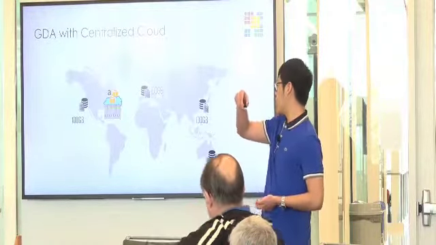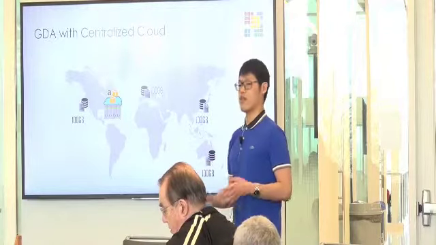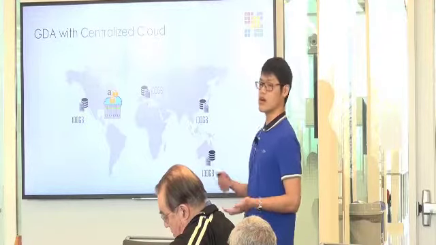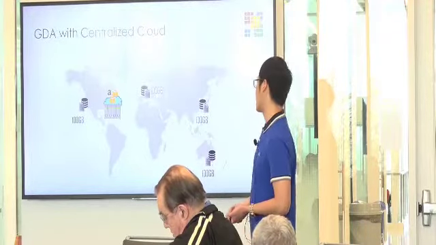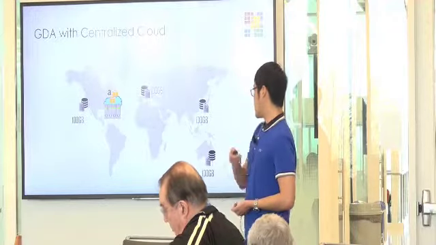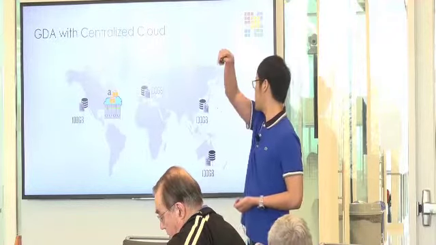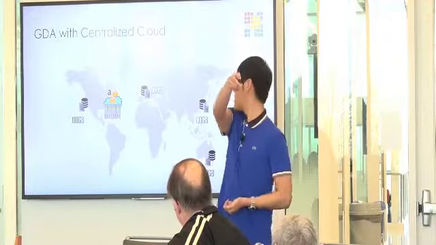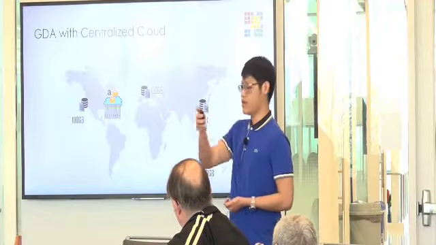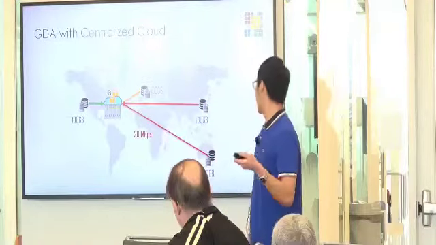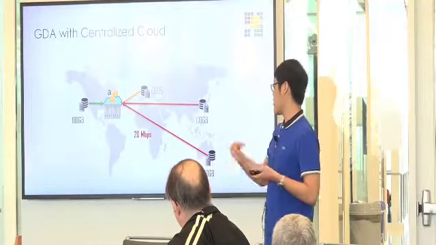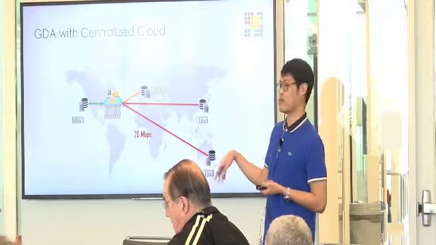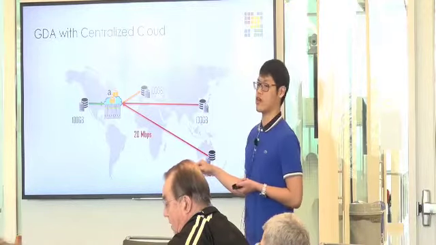So let's see how we can process this geo-distributed data. One way is we can use a cloud, like the Amazon cloud here. If we try to use the cloud, we need to transfer all this data from different locations over the wide area network.